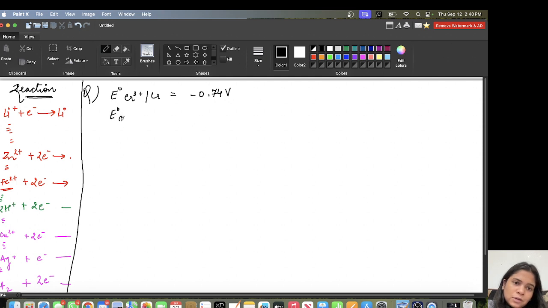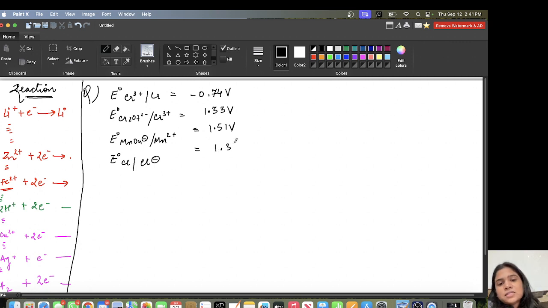The E naught value of Cr2O7 2- to Cr3+ is 1.33 volt. Then the E naught value of MnO4- to Mn2+ is 1.51 volt. And the E naught value of Cl2 to Cl- is 1.36 volt.